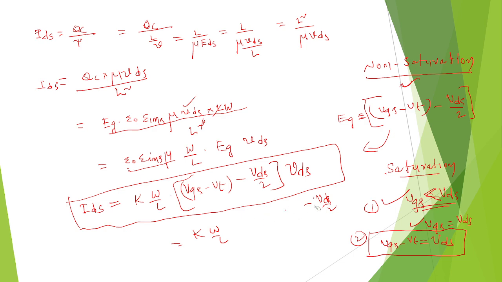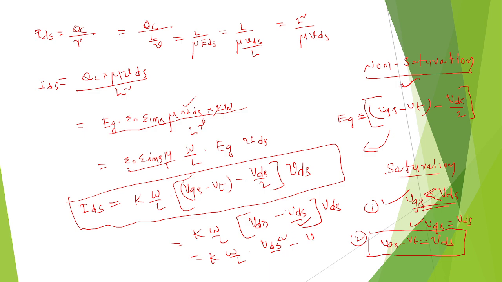Here we can say VGS minus VT can be written as VDS minus VDS by 2 multiplied with VDS. Substituting, W by L, VDS into VDS square by 2.